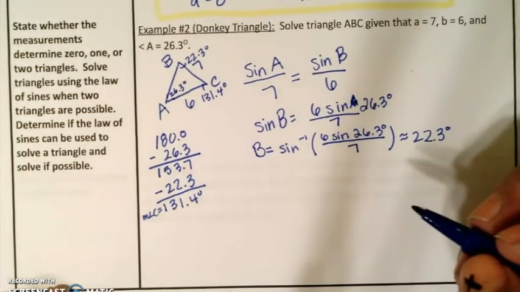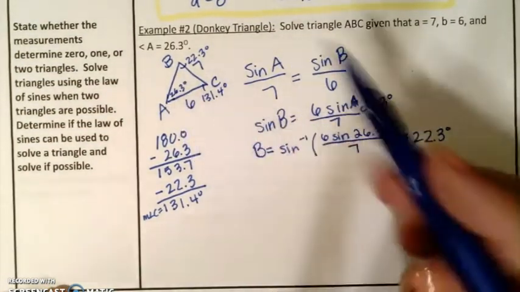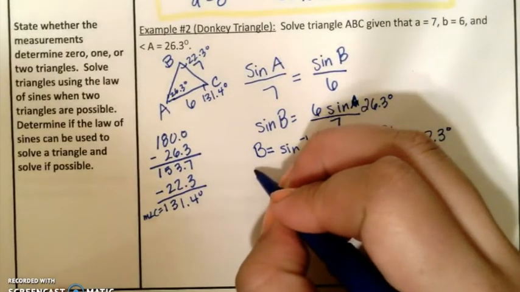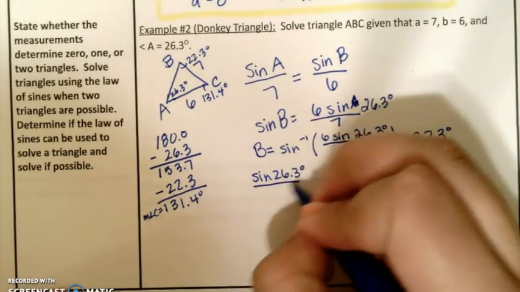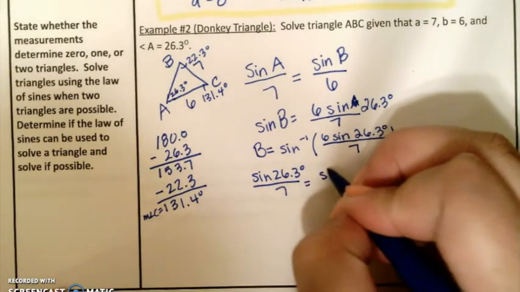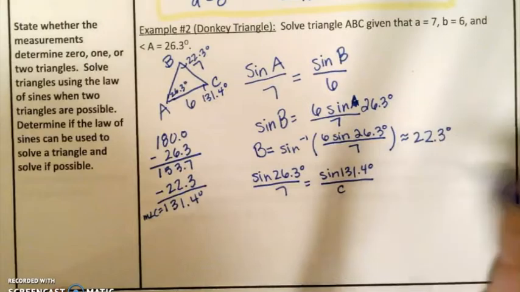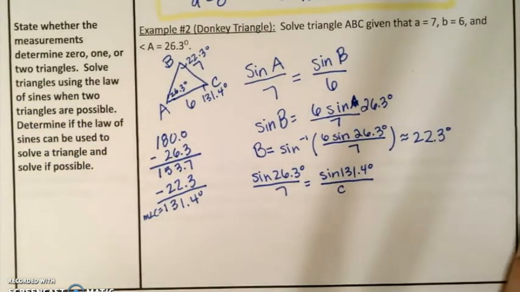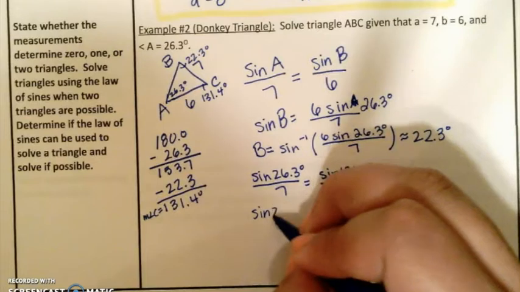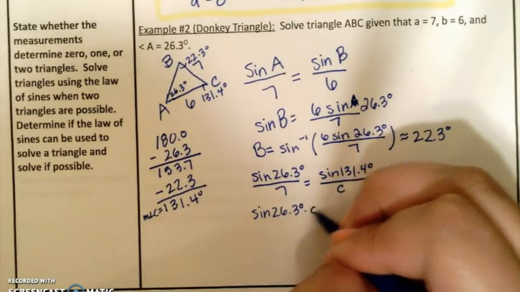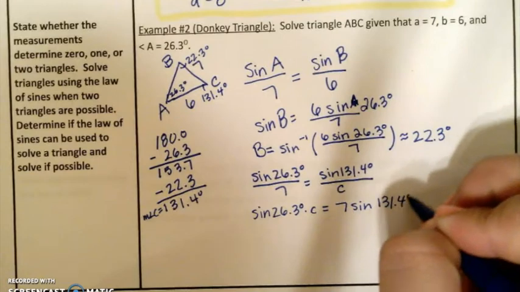And now we can use the law of sines to find the length of side c. That's the only thing that we don't know yet. So we can say sine of 26.3 degrees divided by 7 equals sine of 131.4 degrees divided by c. Solving for c, we can get sine of 26.3 degrees times c equals 7 times sine of 131.4 degrees.